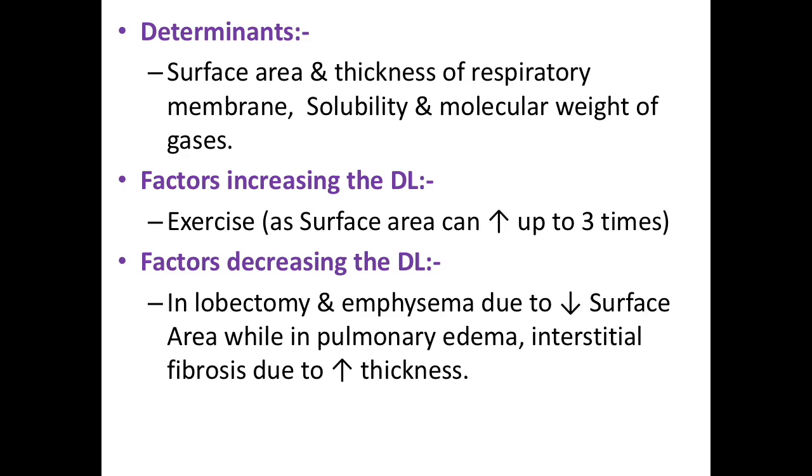The factors that decrease this diffusion capacity are seen in emphysema or lobectomy, that is removal of part of the lung, and both these conditions decrease surface area, while in case of pulmonary edema and interstitial fibrosis, there is an increase in thickness of the respiratory membrane, which in turn decreases diffusion of gases. So with this we finish today's lecture.